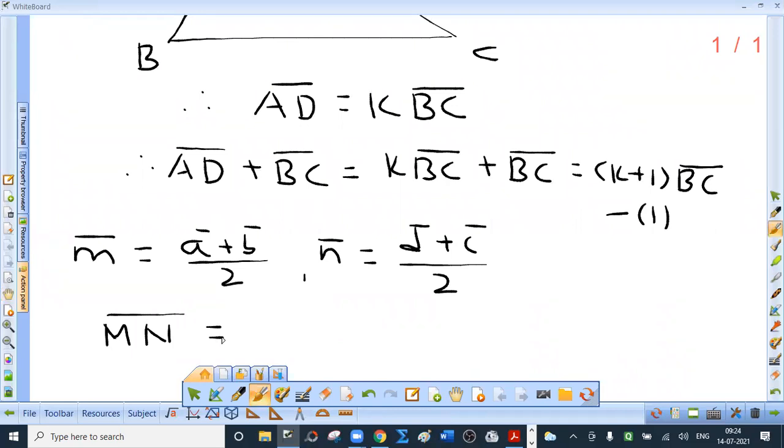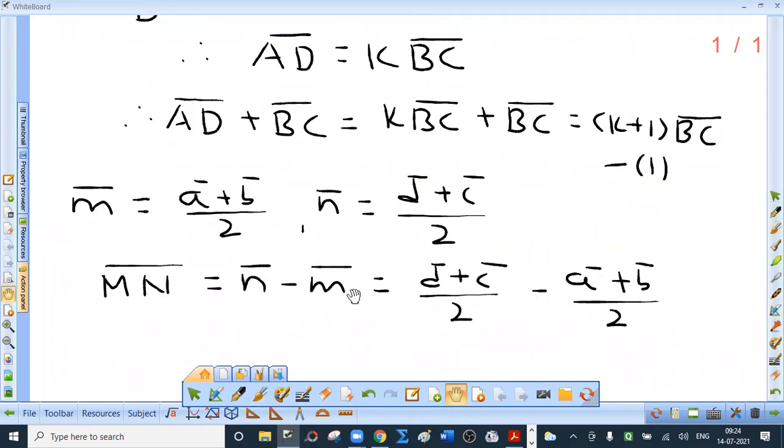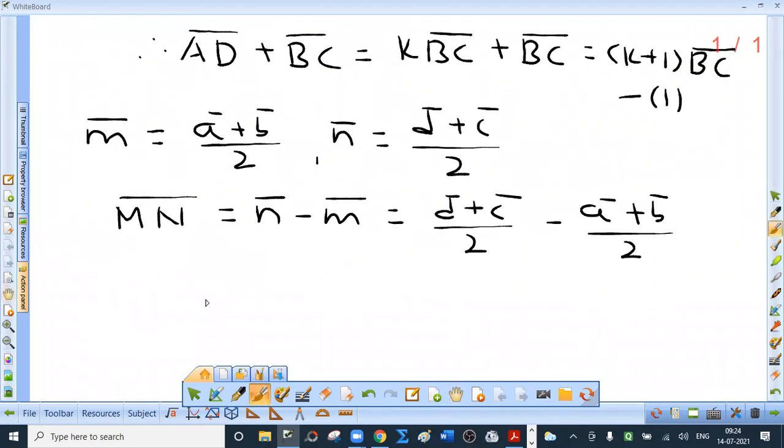Now MN bar is position vector of N minus position vector of M. Basic definitions. Substitute the values. See what you get. MN bar, so this is half. See what I'm writing. I'm rearranging the terms.